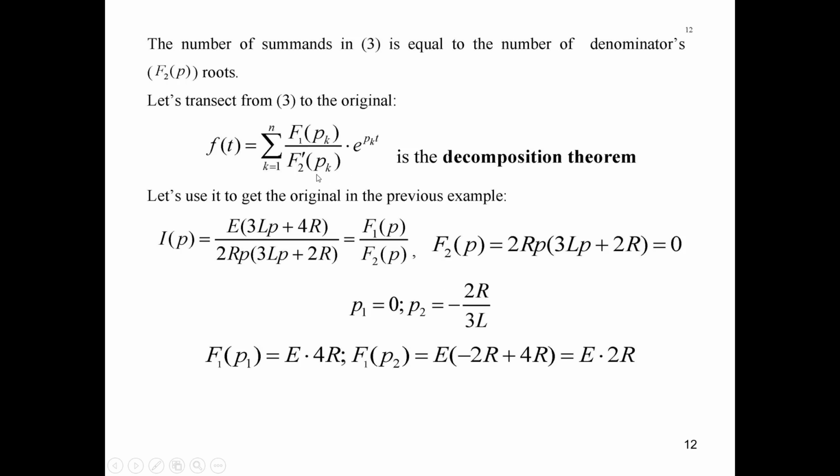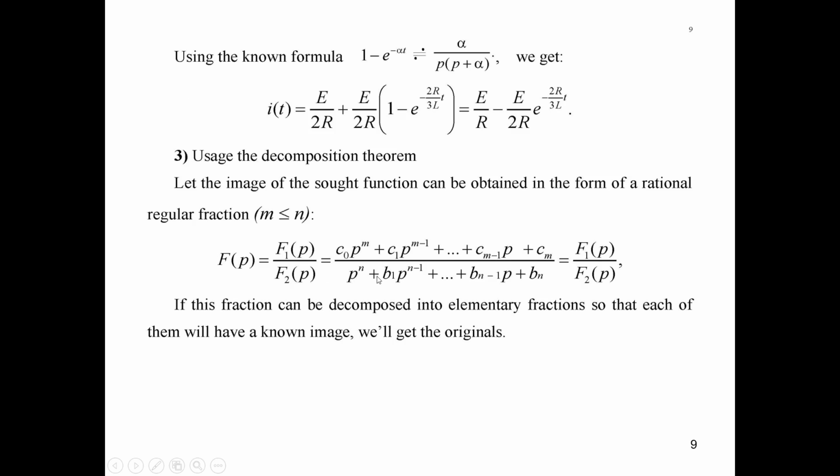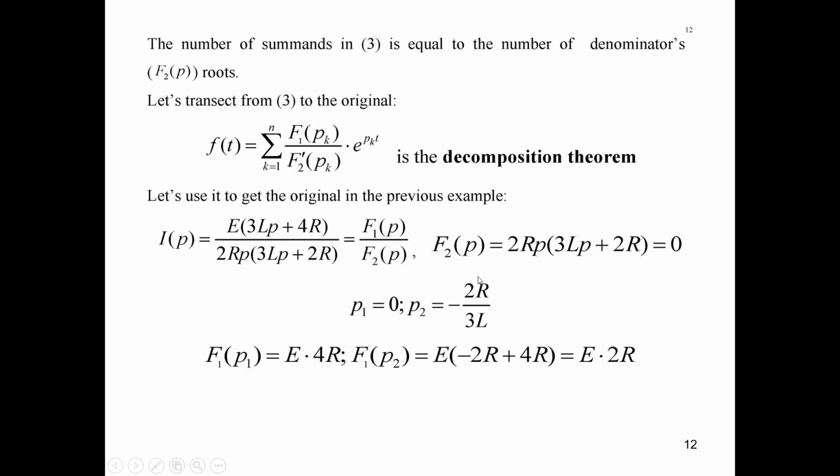To transact from the function of Laplace to the function of time, at first we should determine the roots of the denominator. You see, we have here the denominator, and these p1, p2, and so on, pn are roots of the denominator. So we should equate the denominator to 0 and determine the roots of this expression.